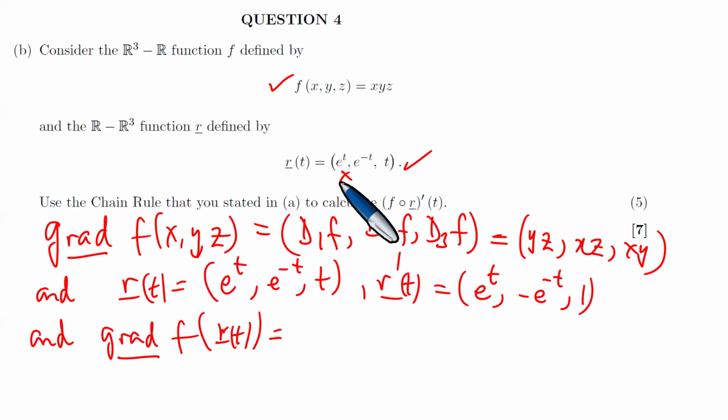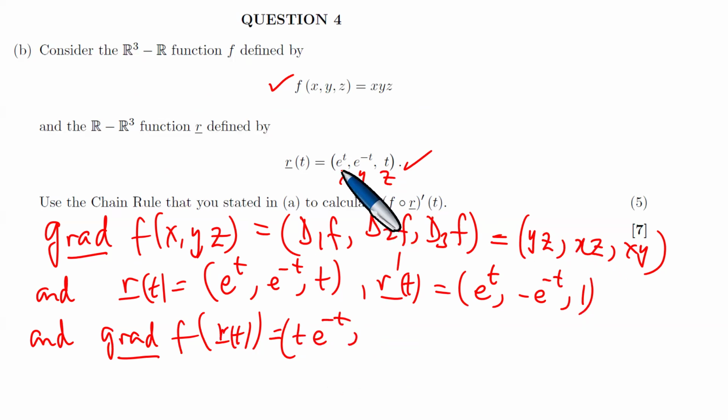So this is our x, our y, and our z. We put them, they must appear here. What is our x there? We must put y here and z. y is e to the minus t, z is t. So this is going to be t e to the minus t.